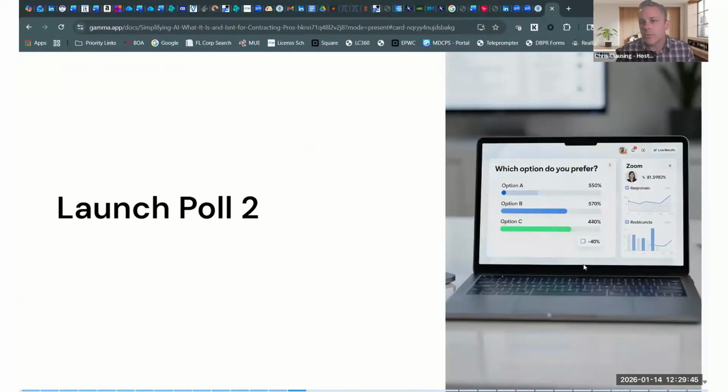A second poll here, and we'll just launch this second one. This is the priority area, just out of curiosity. If you could implement AI in one area immediately, is it safety and risk management?